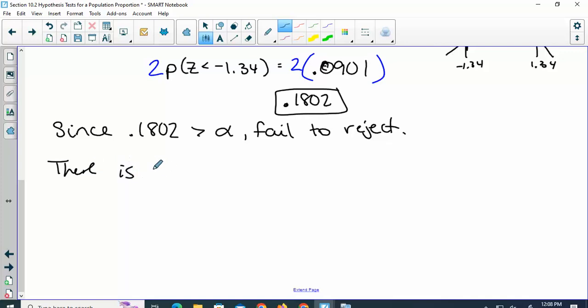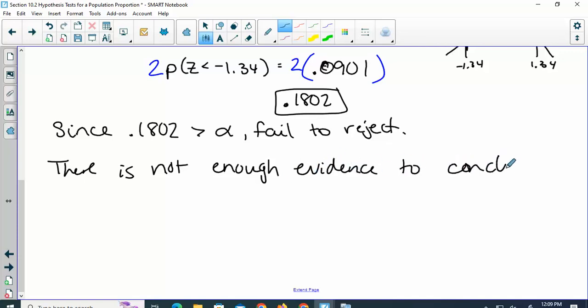There is not enough evidence to conclude this group feels differently.